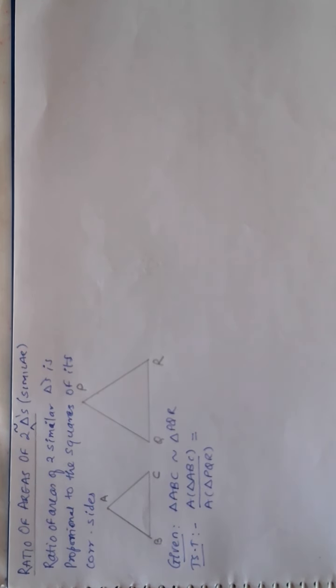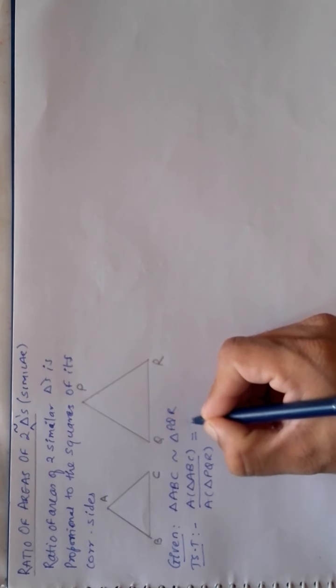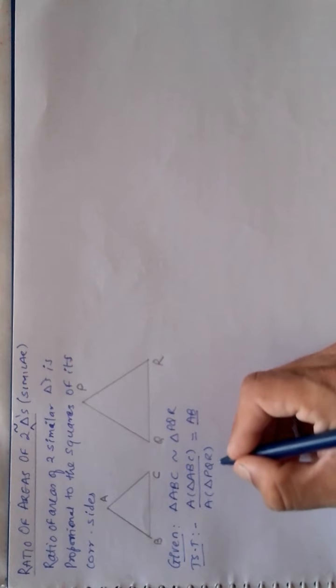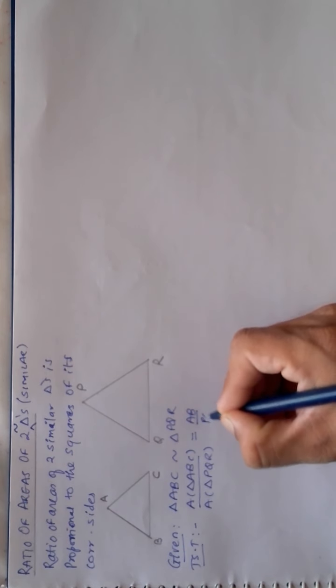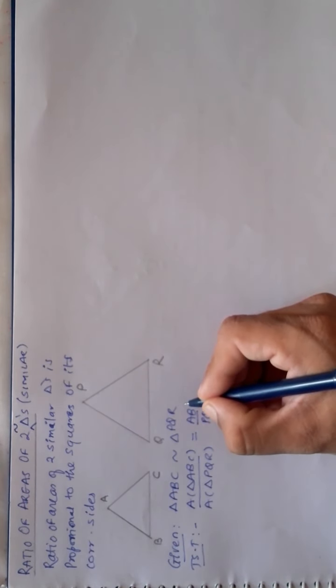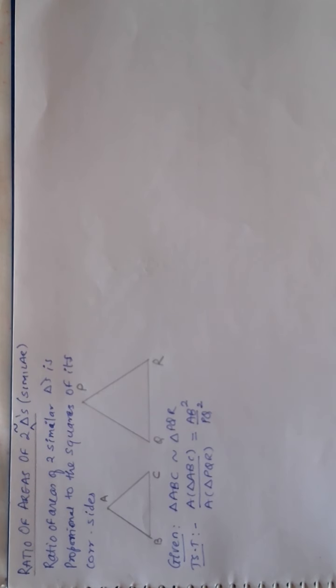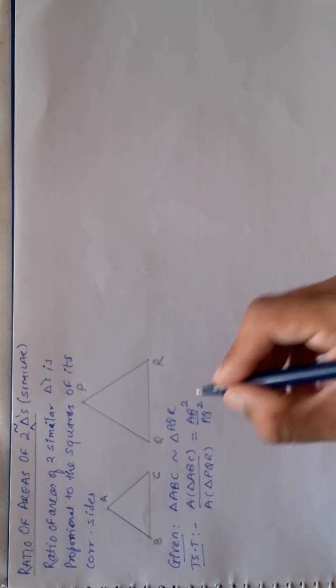So corresponding sides, first-second AB is to first-second PQ, and squares, that is AB square is to PQ square. But AB and PQ are not the only corresponding sides.